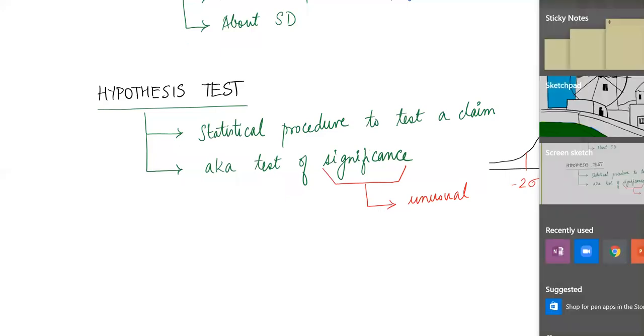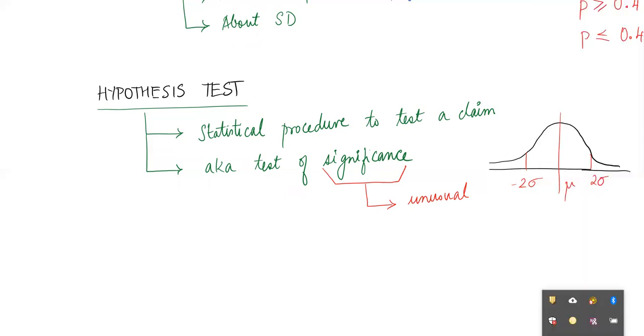So if you went here or here, which was outside the two standard deviation mark, it shows that it's unusual because 95% of your stuff should fall within the middle portion. If all your data values fall outside the two standard deviations, that was the rule of thumb.